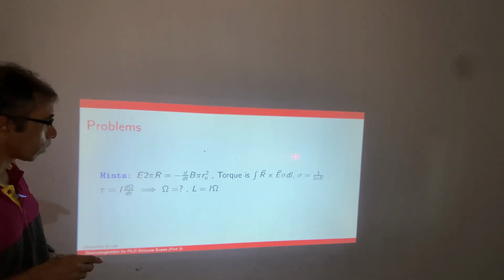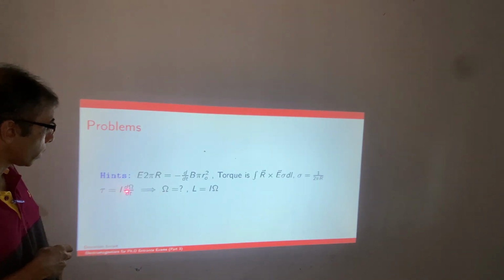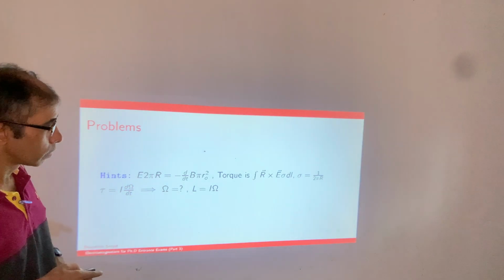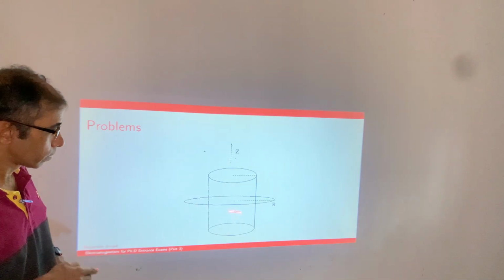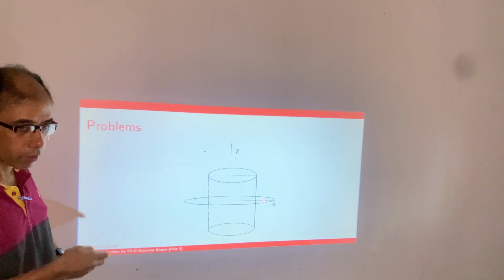Whatever torque you get here, the torque is equal to I d omega dt. Capital omega is the angular frequency of this loop, which is now rotating.